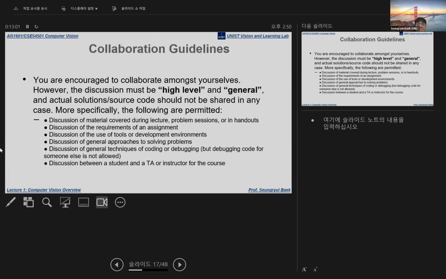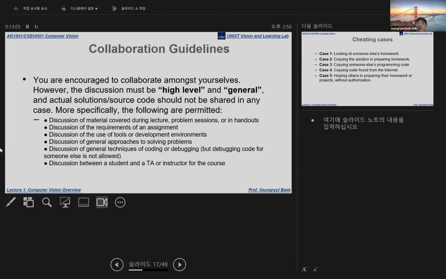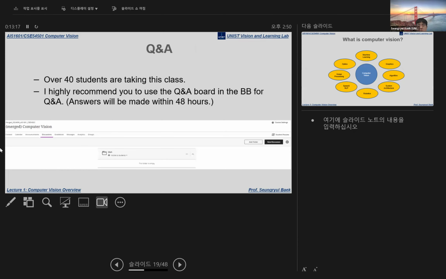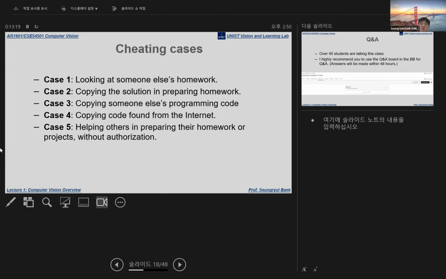And during collaboration, you also have to mention how much collaboration you have done. In the report, you have to specify this type of thing. Please be careful about this kind of cheating.